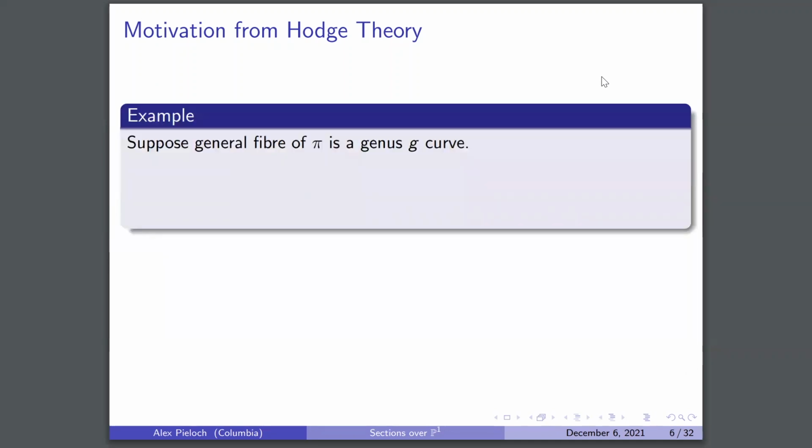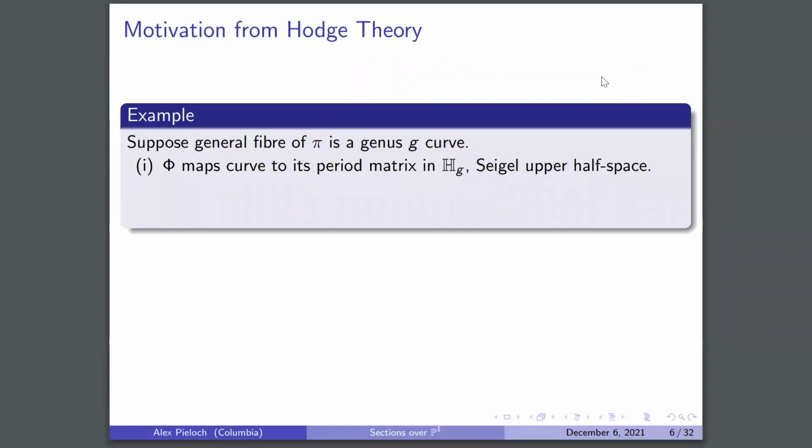Let me orient people that maybe aren't super comfortable with Hodge theory. What is this in the case where the fiber is one-dimensional? We take some genus G curve. In this case, Griffith's map is the map that takes the fiber, a curve, to its associated period matrix inside of the Siegel upper half space.